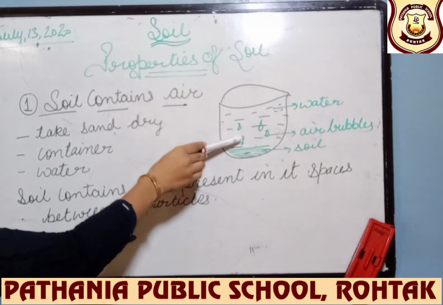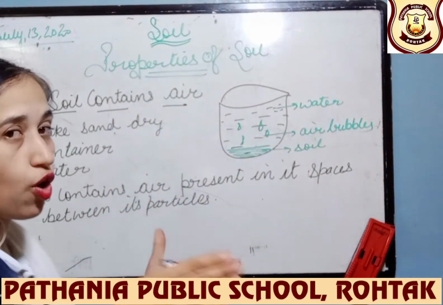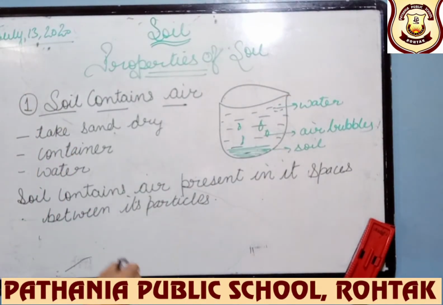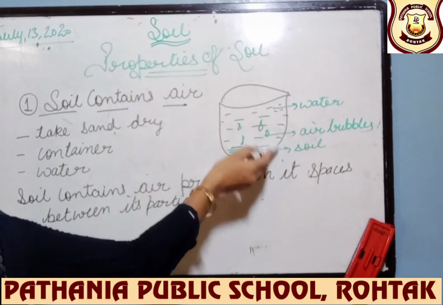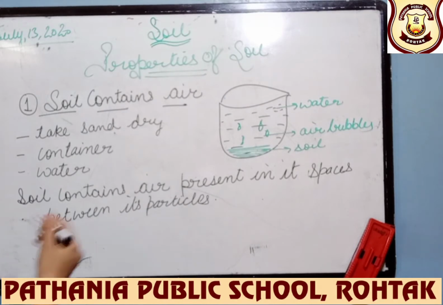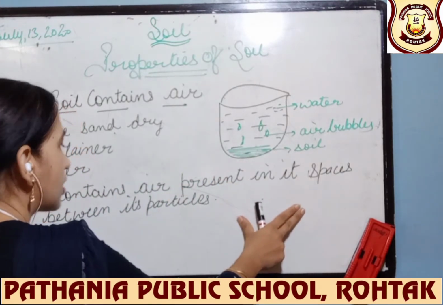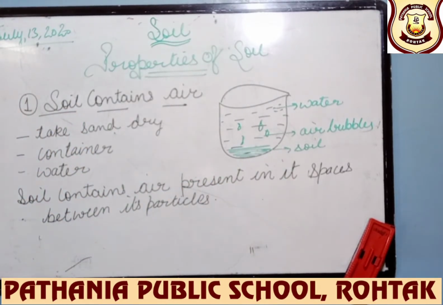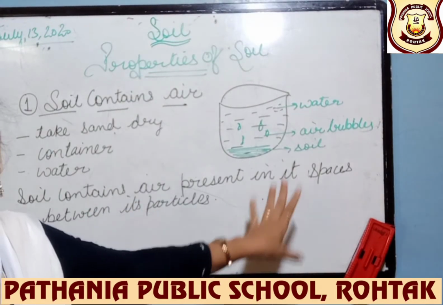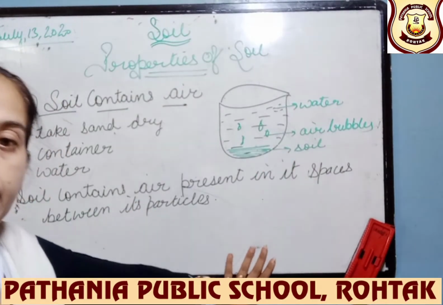This expelled air is seen in the form of bubbles coming out from the soil, and we all can see. So what does this conclude? That soil contains air present in the space between its particles.